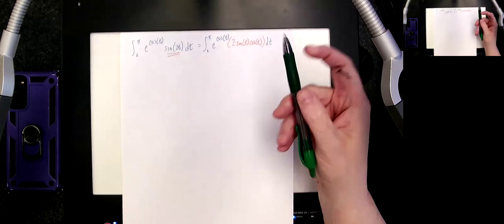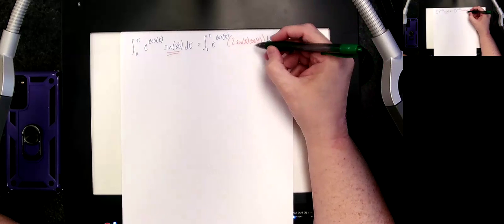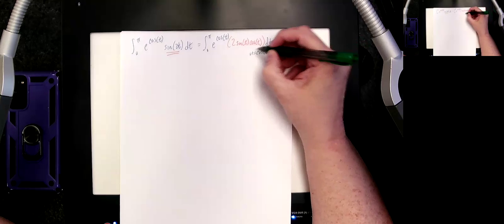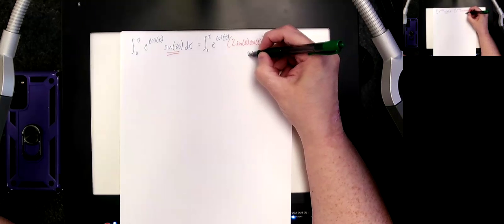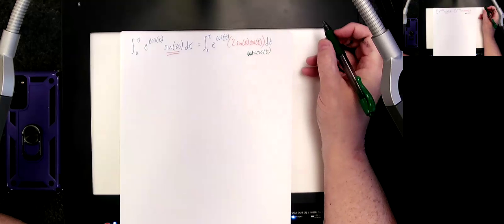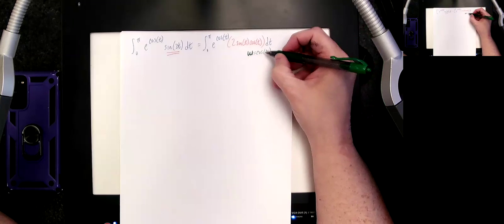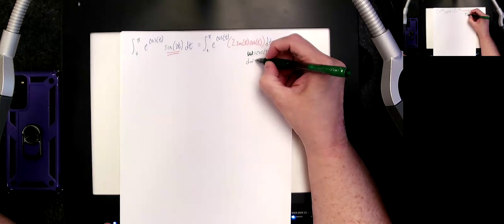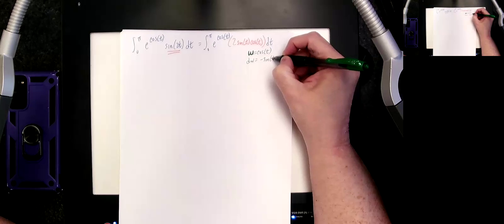And I'm going to do a u sub here. U equals cosine of t. Let's say w, we use u and v in integration by parts. We'll do a w sub. W equals cosine of t. So dW is negative sine t dt.